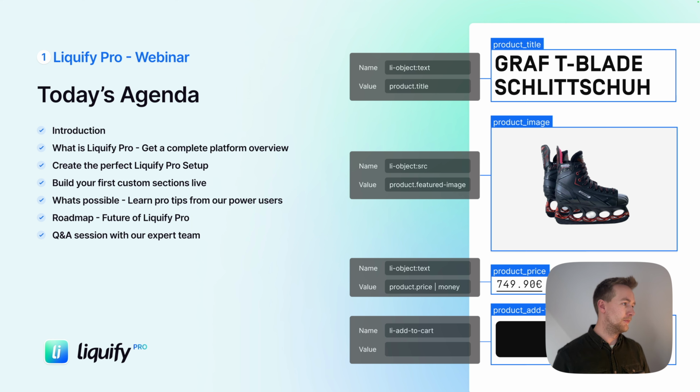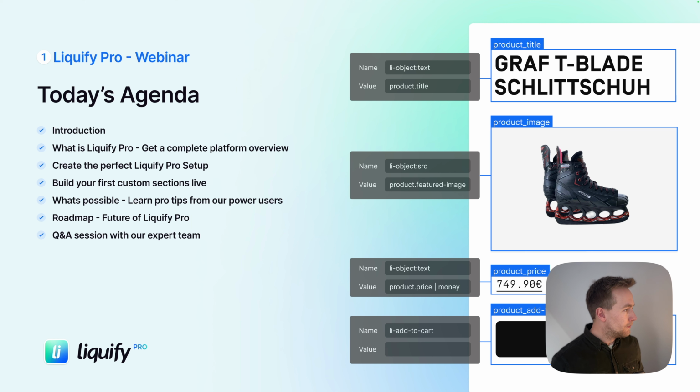Then we have a setup guide where we want to show you how we use Liquify, all the tools you need and how you prepare everything for your first Shopify project. And then we want to get directly into Webflow and check how to set attributes to get the first section up and running.